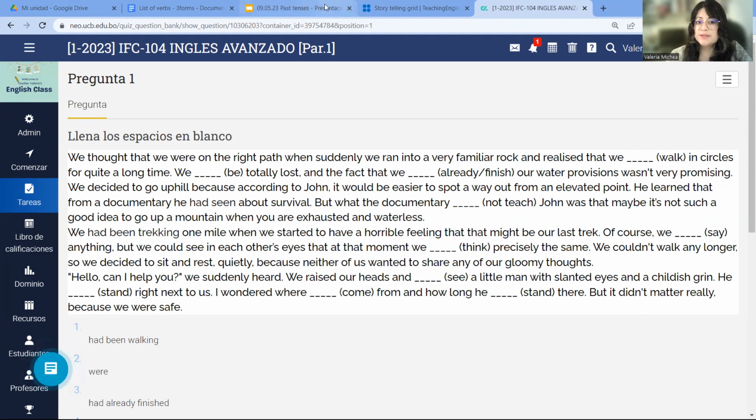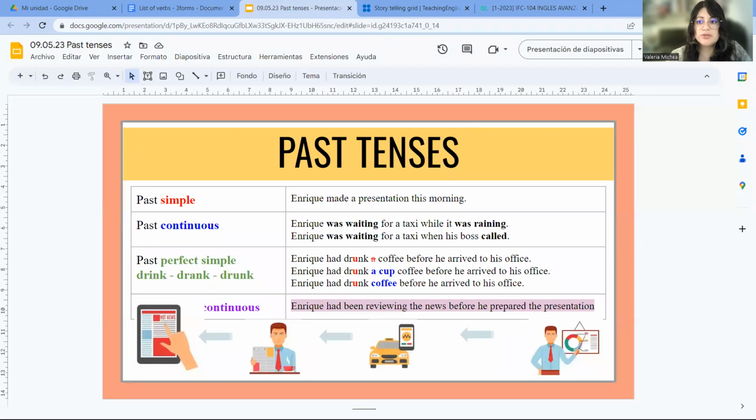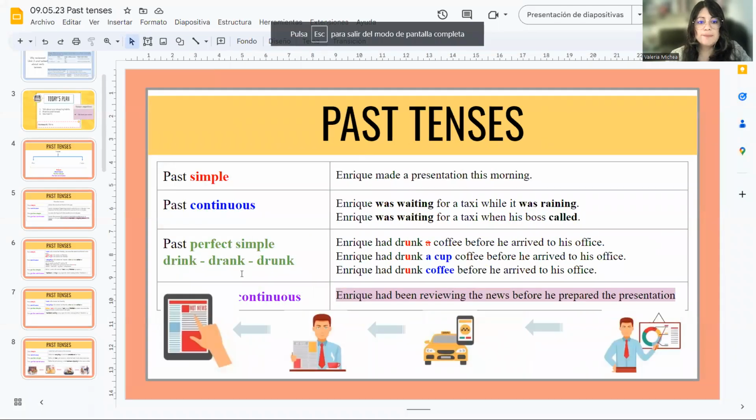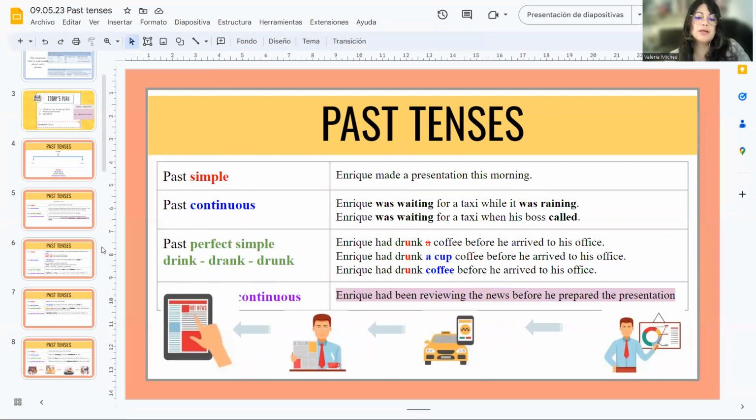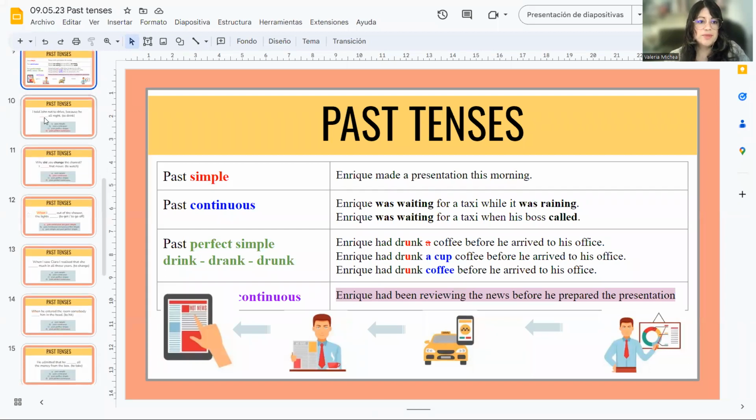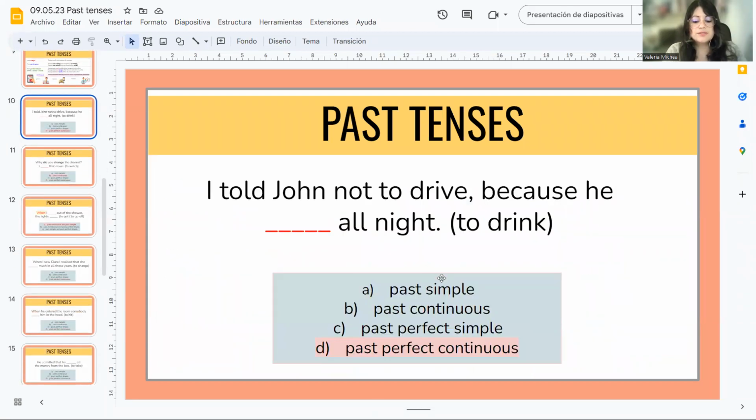Now, let's go back to the presentation. I wanted to finish up the exercises that we were completing last class. They were very similar to the ones that we completed with the present tenses, but they refer only to the past tenses.